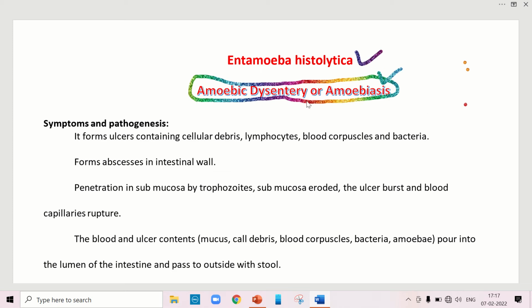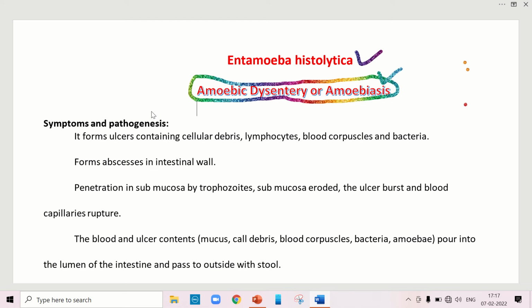Whenever this Entamoeba histolytica enters the body of any person, that person gets amoebic dysentery, because we know that Entamoeba histolytica lives in the lumen of the large intestine of man.